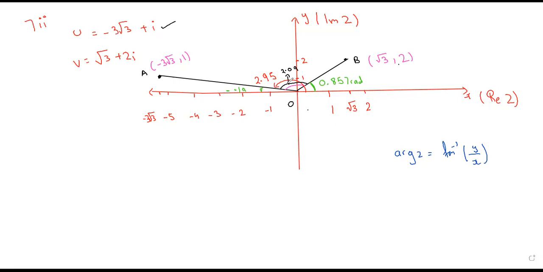So did you understand the concepts for this one, or should I explain this again? Oh, no, it's fine. Okay, and I won't advise you to use that formula, because that might work for some questions but not for every question.